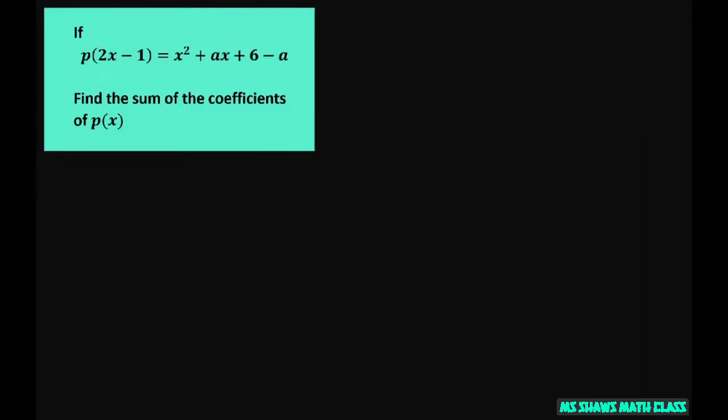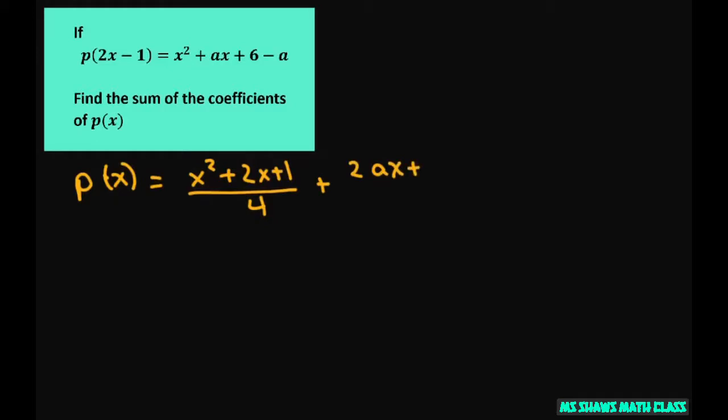All right, so the next step is going to be p of x equals x squared plus 2x plus 1 divided by 4 plus 2ax plus 2a divided by 4 plus 24 minus 4a divided by 4.